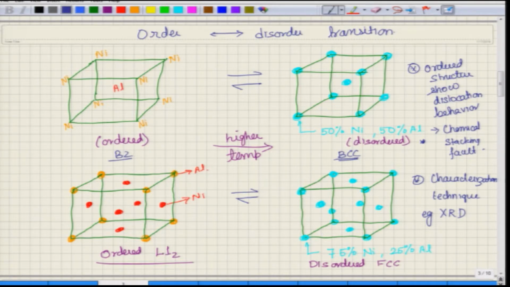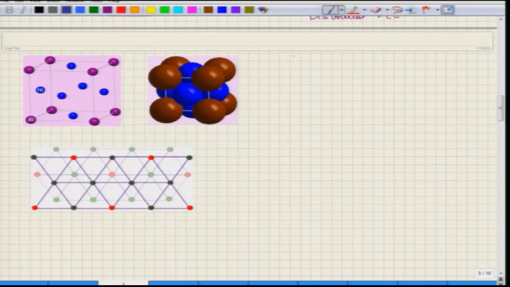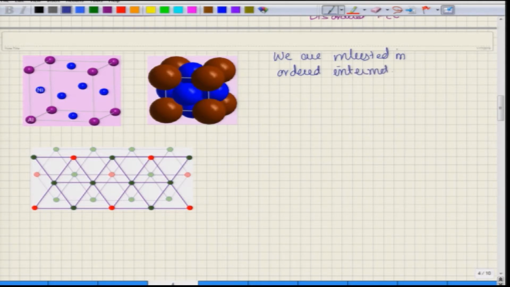Okay, now let us come to the more relevant system, and I have some pictures to show you, but before that let me point out some things. With respect to this lecture, we are interested in ordered intermetallics. And why are we interested?